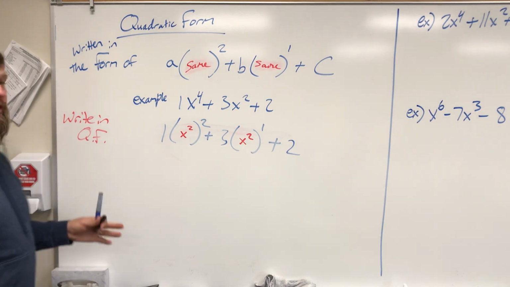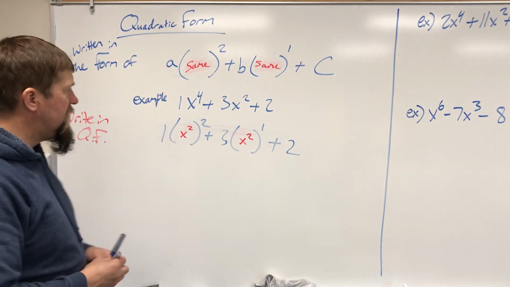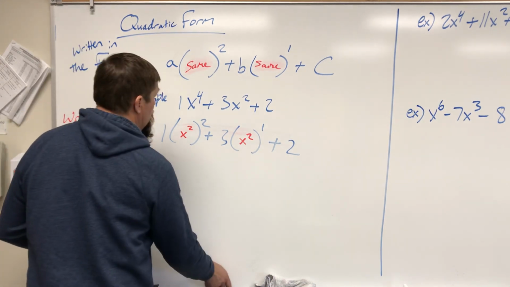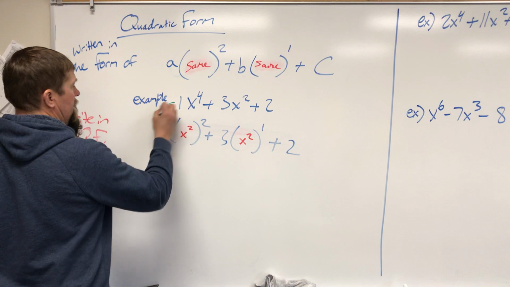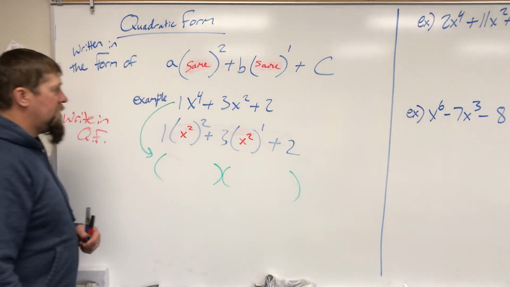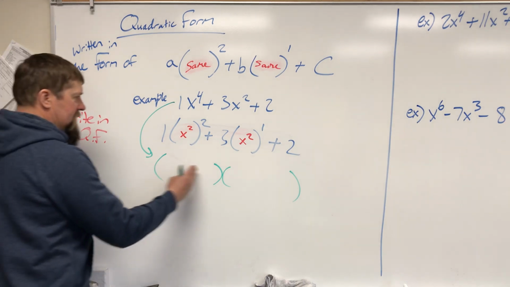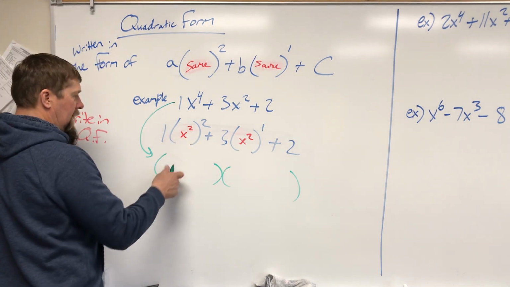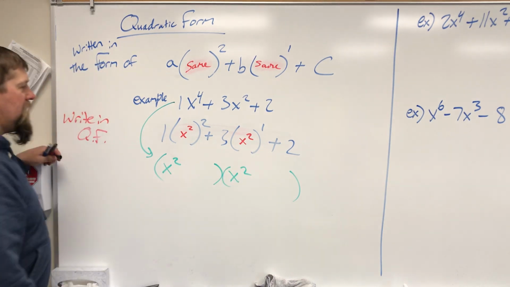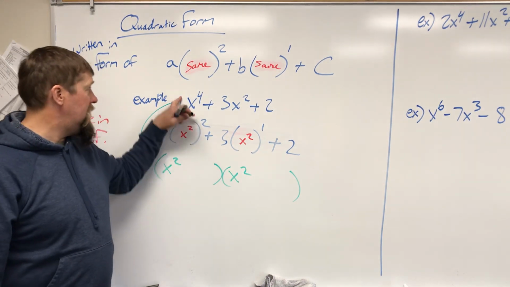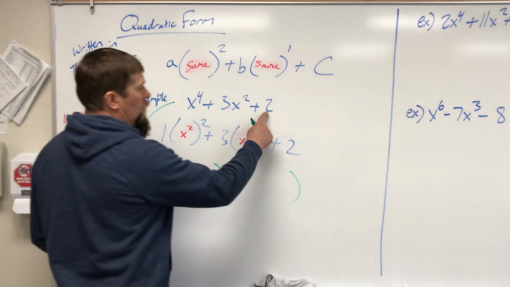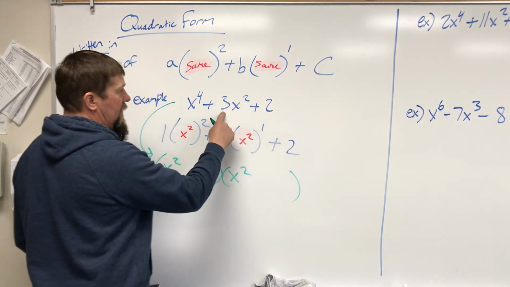Now, to factor quadratic form, I typically don't write it in quadratic form first. What I typically would do is go ahead and factor it from here. Instead of putting x and x, I'm going to put x squared and x squared, because they multiply to be 4x squared. I still look for factors of 2 that add up to 3.